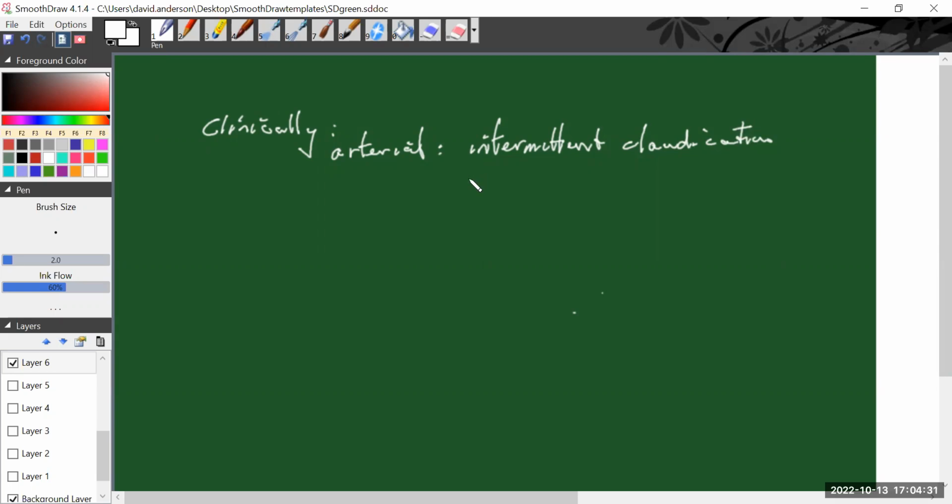The tissue beyond the arterial blockage will be cool and cyanotic. I think everybody knows what that means, right? What do we mean when we use the term cyanotic?